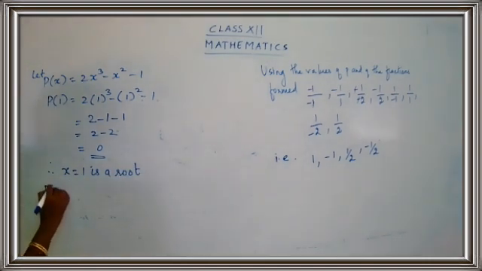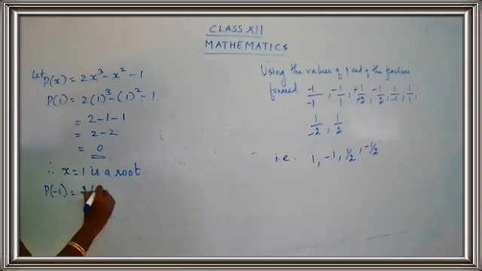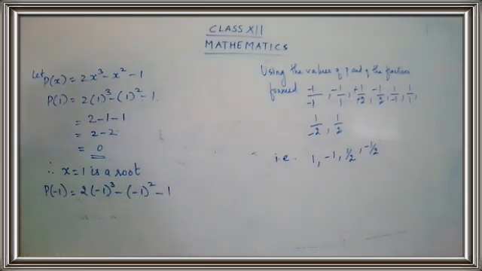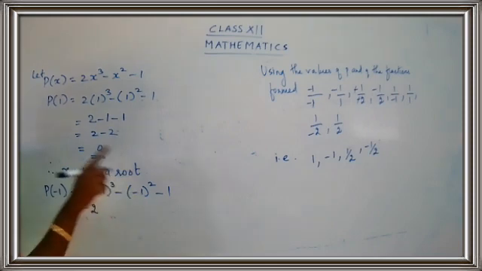So find P of minus 1. Wherever you have x, you put minus 1. So 2 times minus 1 the whole cube, minus minus 1 the whole square, minus 1. This is minus 2. Minus 1 square is plus 1.